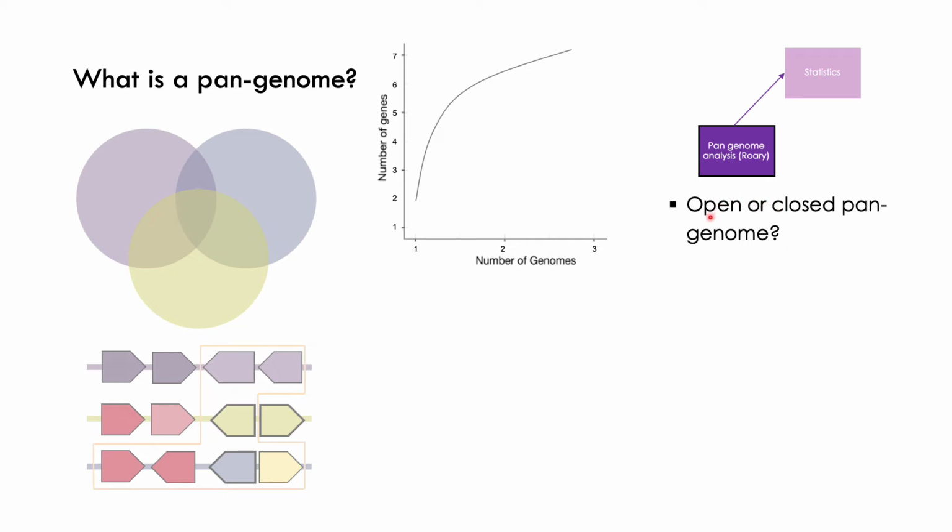So we can have what's called an open or closed pangenome, and if this curve keeps increasing, we can say that it's open, and if it was to flatten out even much more than this, we would say that it's closed. And so if it's a closed pangenome, we can say that we're fairly confident that if we sequenced more genomes and added the additional unique genes to the pangenome, we wouldn't really see much more diversity.